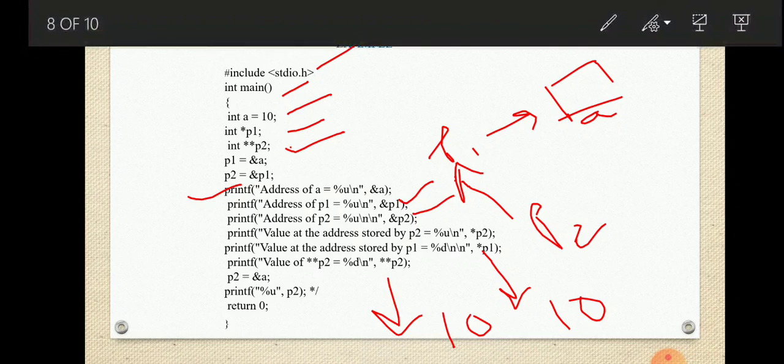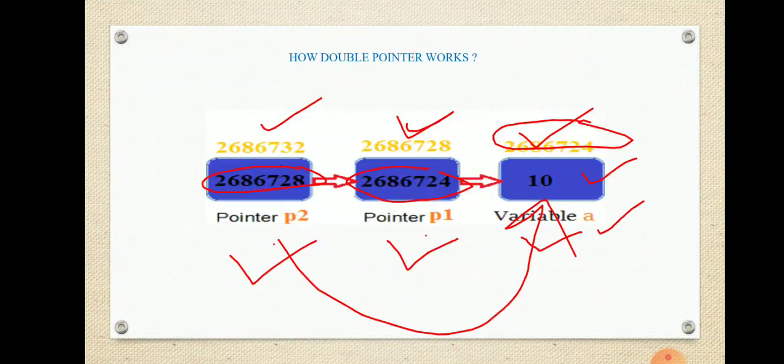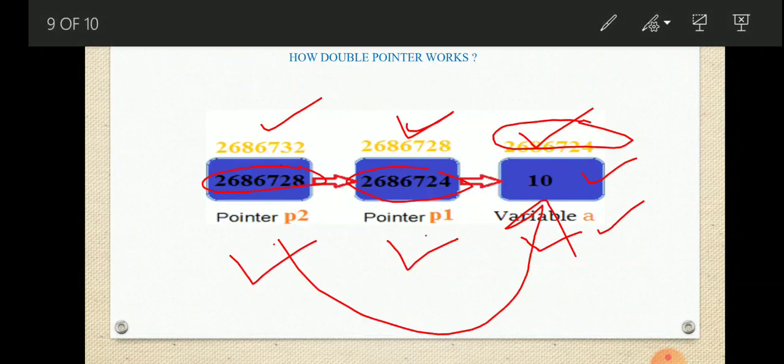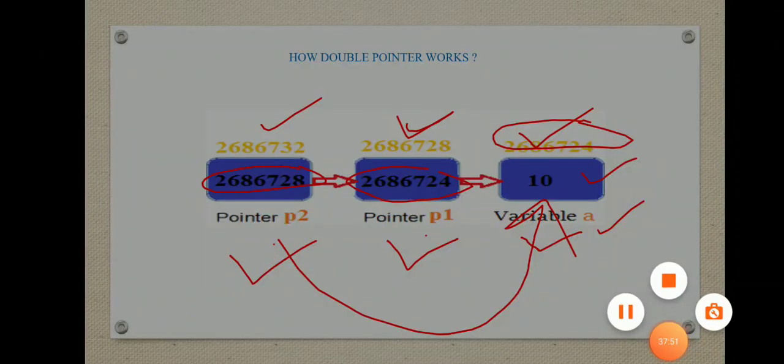What actually is P2? In case P2 is pointing to the address of A, and I want to print P2, so the value contained by P2 is 2686728.